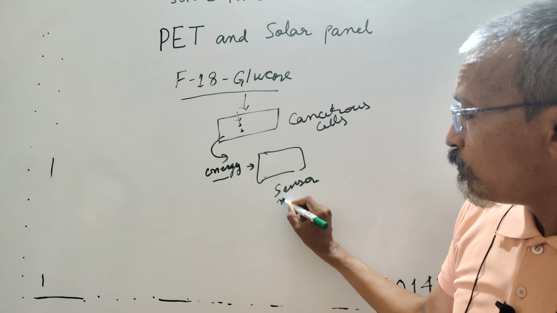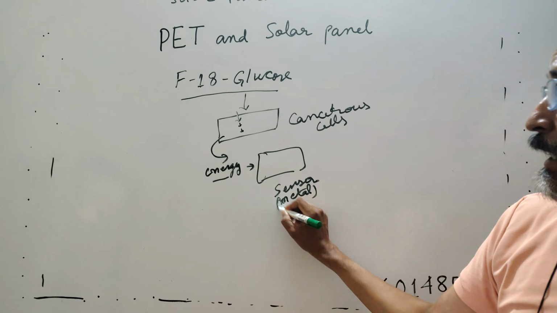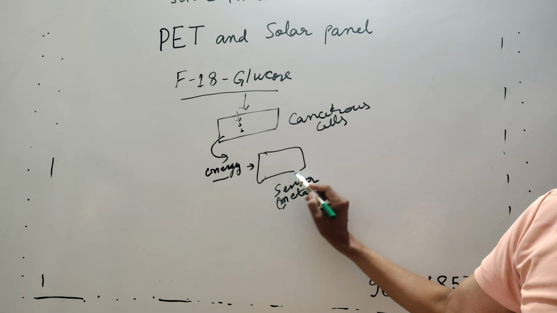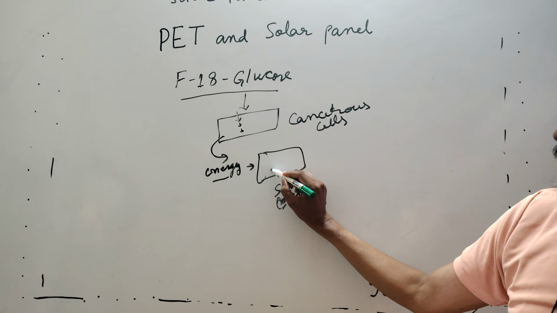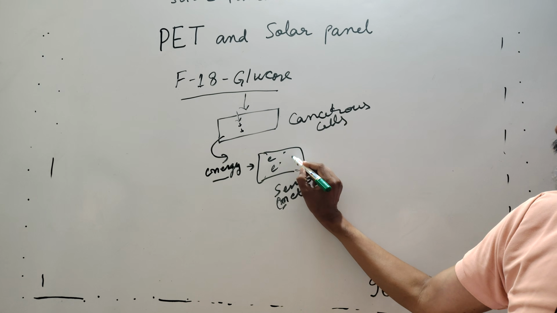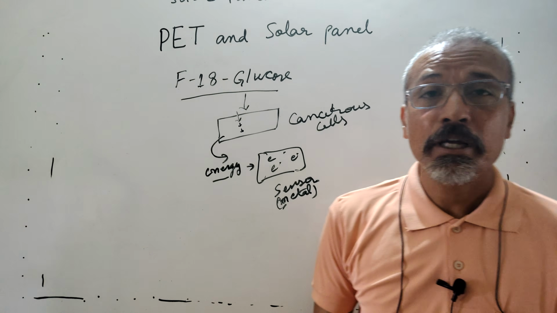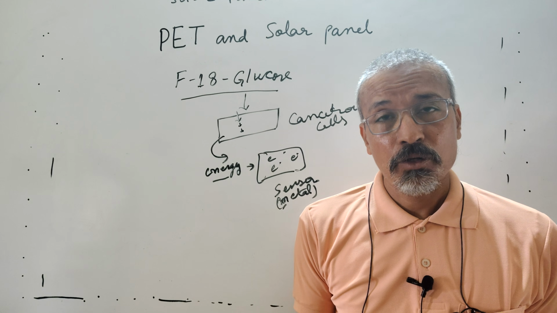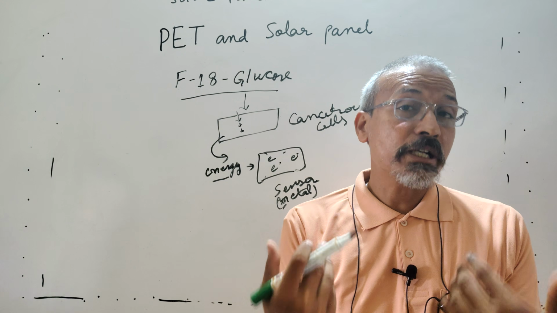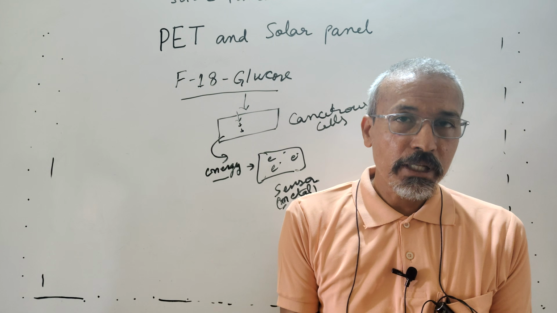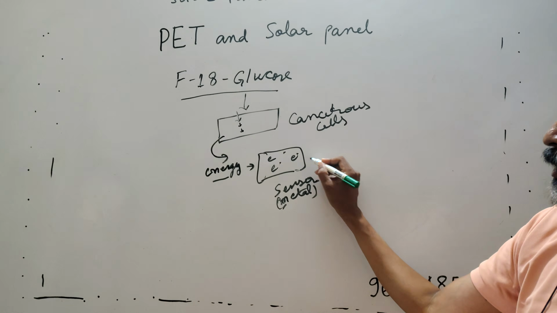This sensor is made up of metal, so the electrons in this metal will get this energy and become energized. When they are energized, they will try to escape the metal, and they will do so.